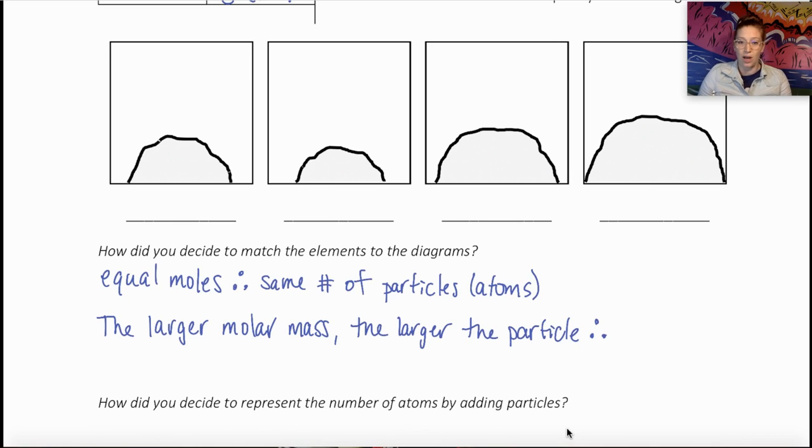So if we know they all have the same number of particles, but the larger mass gives us larger atoms altogether, we want to have the largest sample, the largest pile, matching with that. So we're going to say, therefore, that matches with the largest sample.